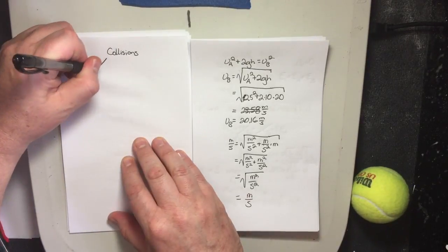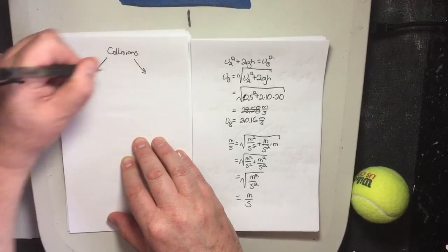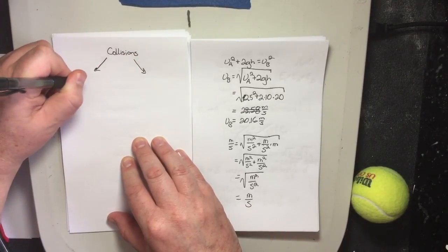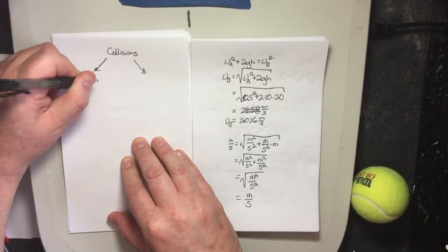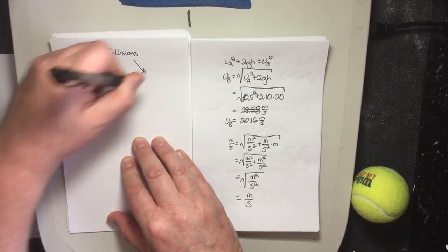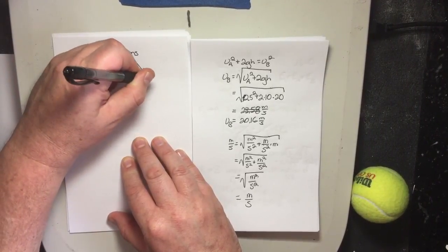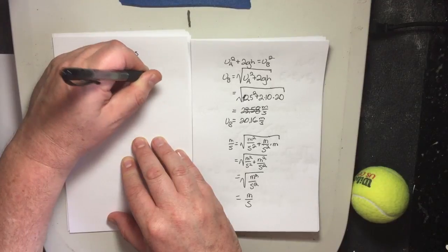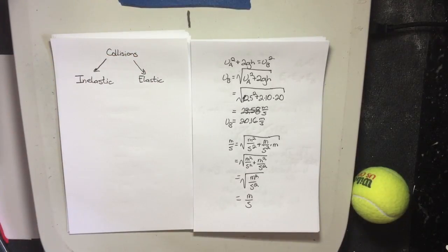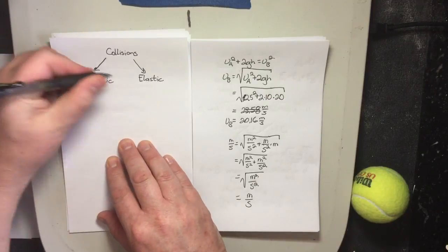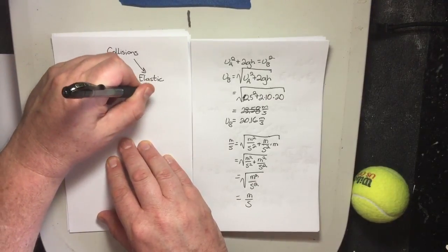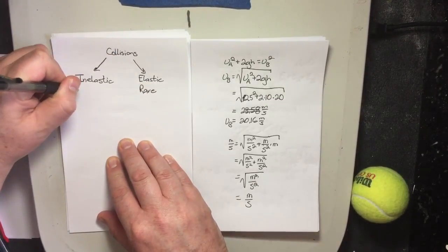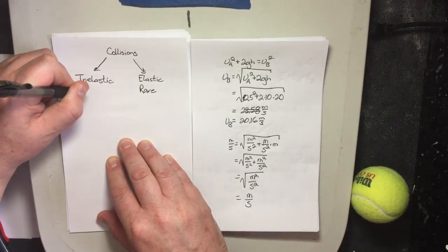There are 2 forms of collisions. There's inelastic and then there's elastic. Elastic collisions, inelastic collisions. Elastic collisions are rare. Inelastic collisions are quite common.